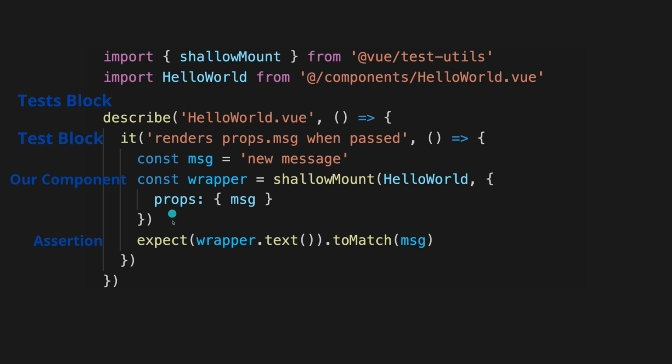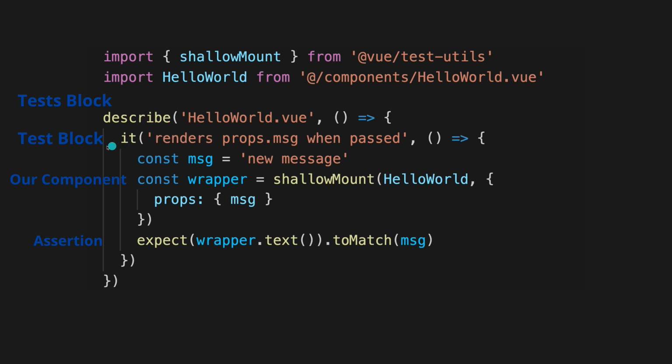Right now we have just one test, so it kind of makes no sense. But imagine if we had 10 tests, 5 of which were testing a specific feature of the component, and another 5 were testing the same component, but a completely separate feature. Well, it might be good to group these tests somehow. We can do that through a describe block.